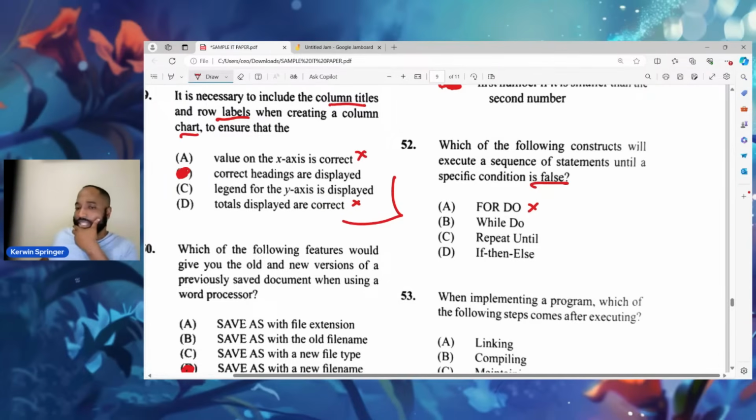I can make it B. Repeat this until... I could reverse this too. Am I overthinking this? Which one is the best one? If then, and I know the if then, so it's not these two.